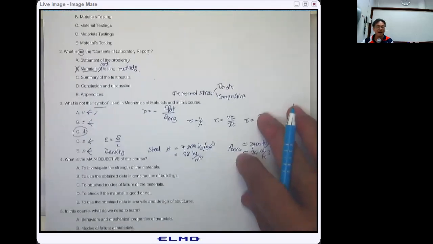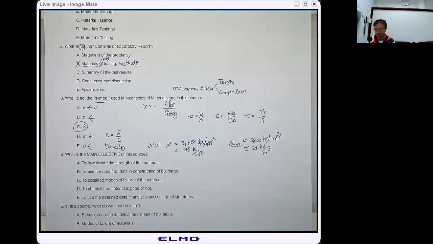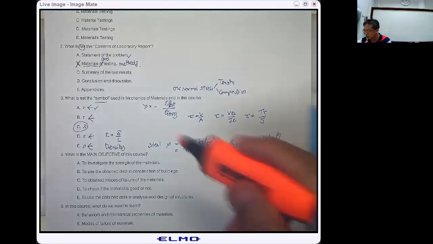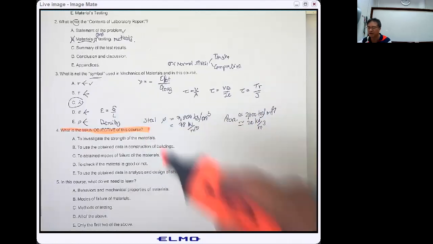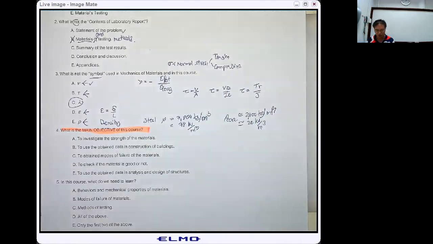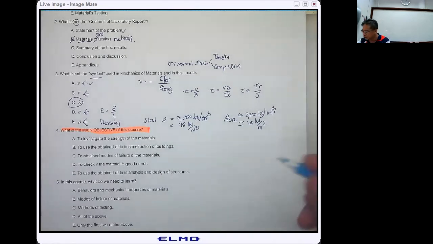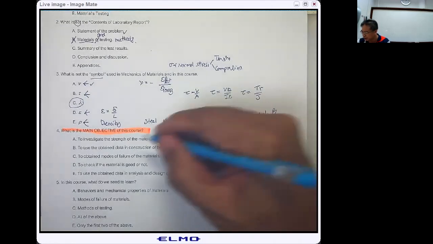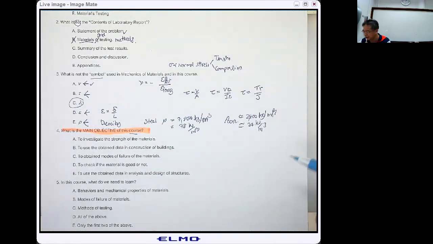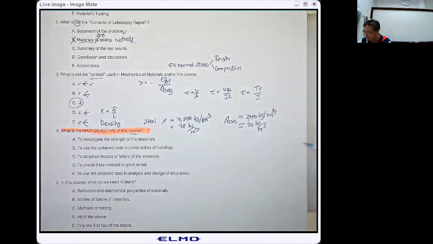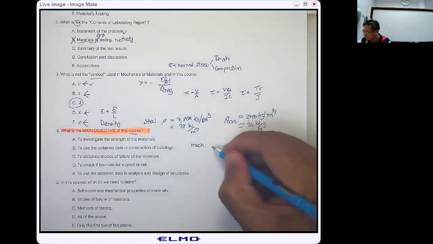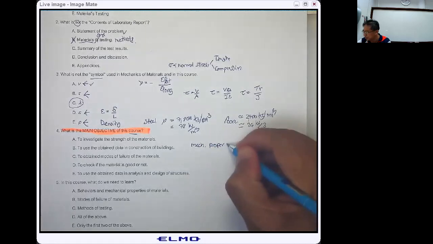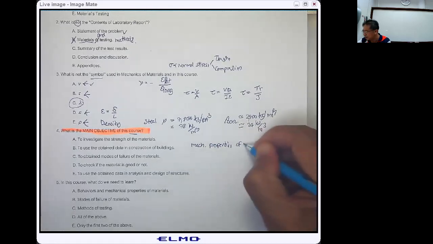Okay. And then we come to number 4. This is important. This is going to talk about why you are going to learn this course. It asks you about the objective of this one. When you talk about the course of material testing, we are going to talk about the mechanical properties of material.